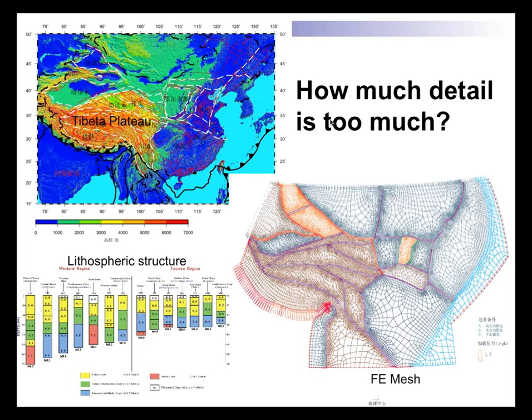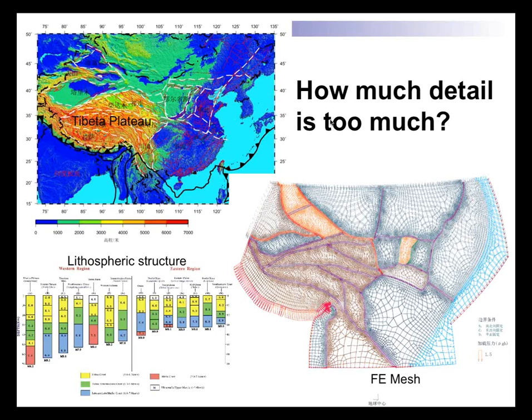Because in this model, he built in a lot of details, all the horizons, and not only that, it's a 3D model, so we also put in all the vertical variations of lithology and associated physical parameters.